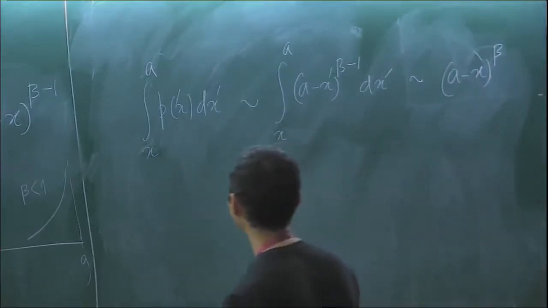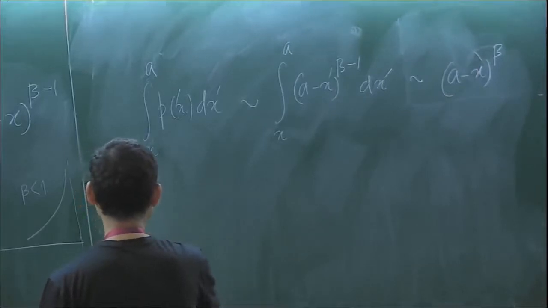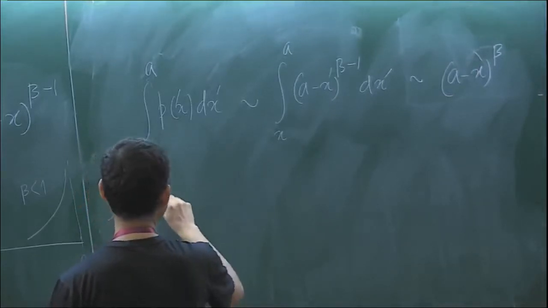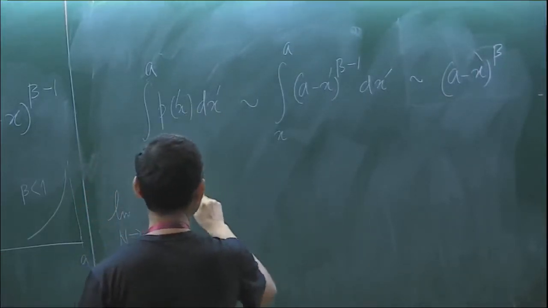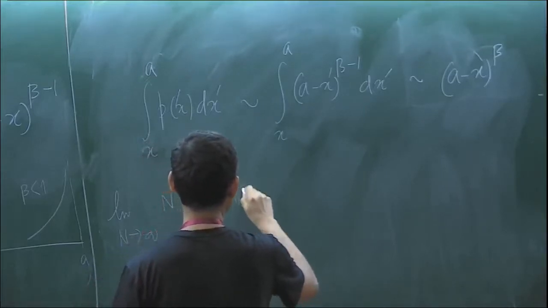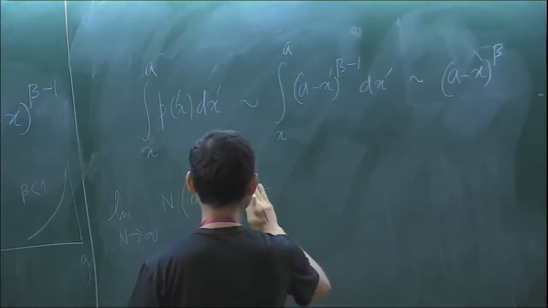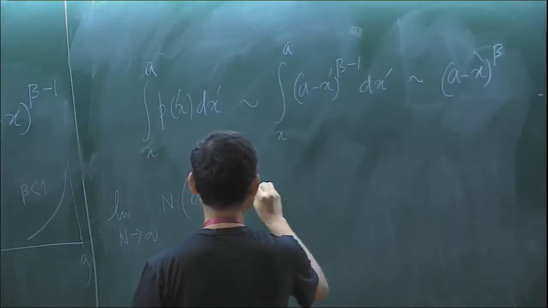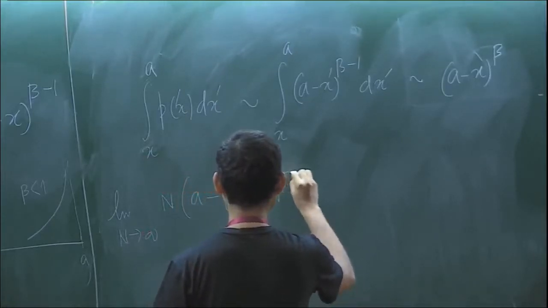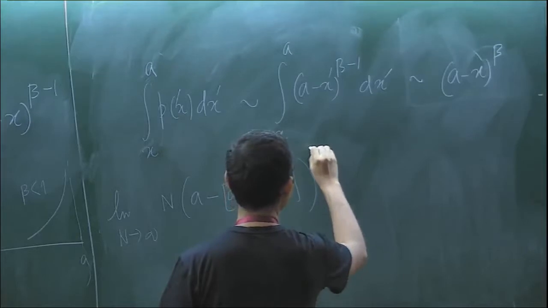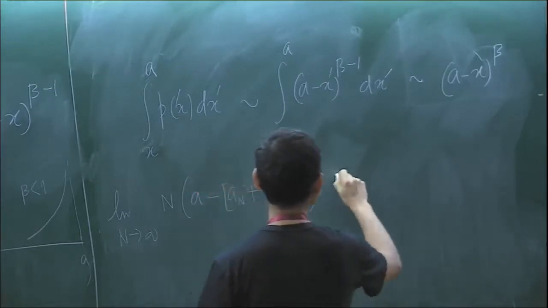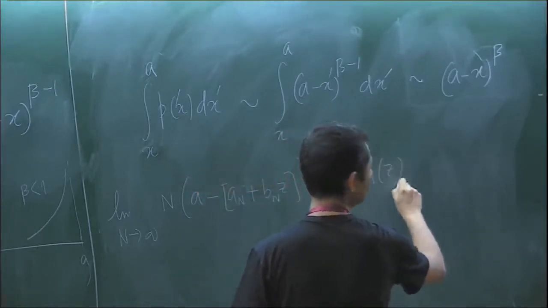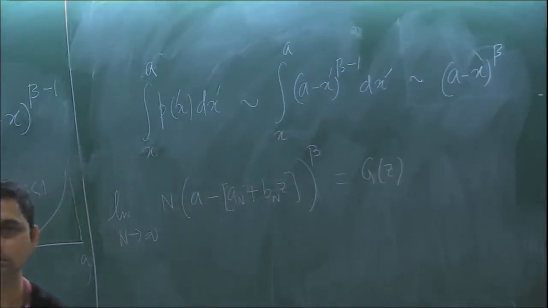So now you have this limit, n goes to infinity, n times this guy, A minus (an plus bn z) to the power beta. So this should be some function only of z, right?